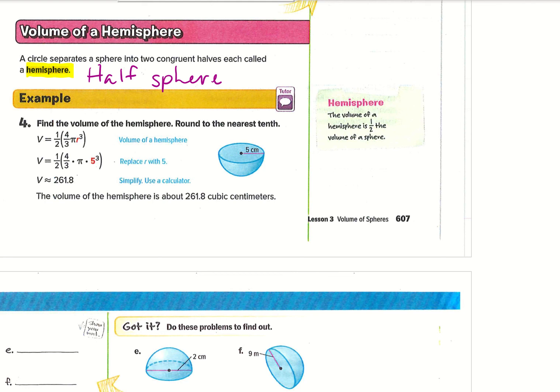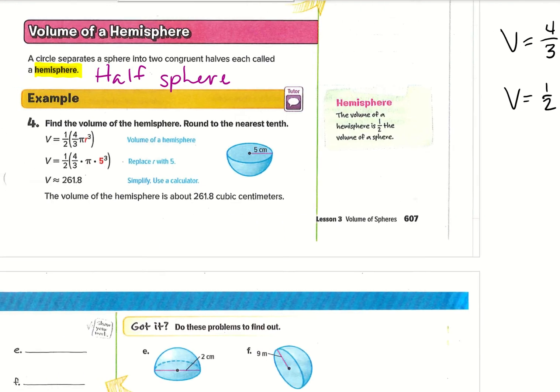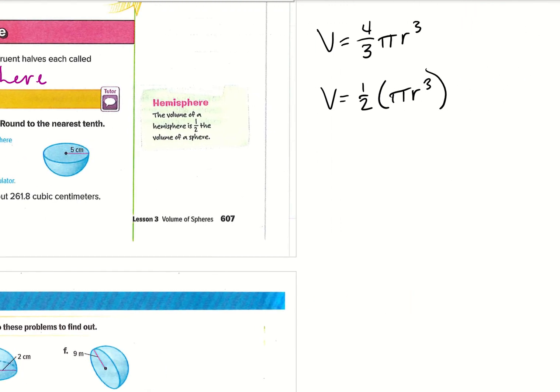If we look at a hemisphere's volume, because it's half, we did this on our scavenger hunts already, where we just take the normal formula, 4/3 pi r to the third, and we're just going to divide by 2 or multiply by 1/2, because it's only half of the figure. So I'm going to do 1/2 times this, and then plug in. This is our formula.